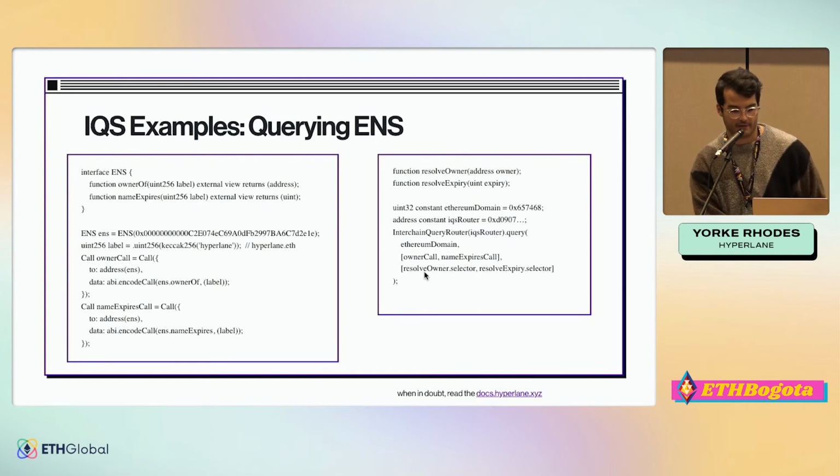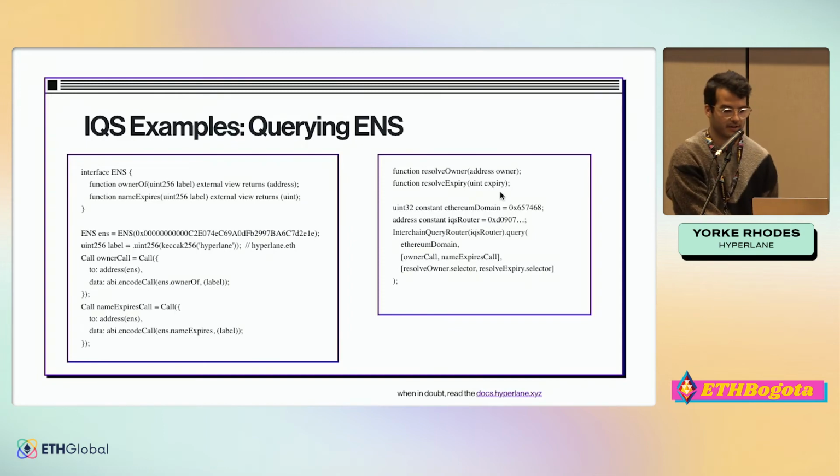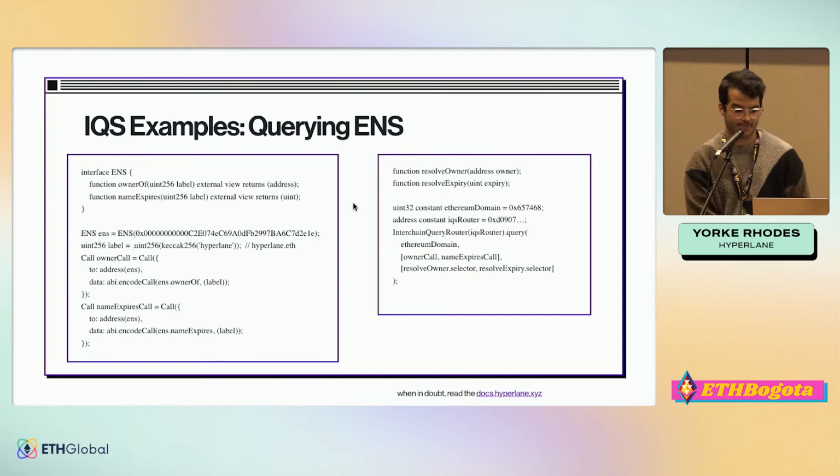You'll see that we have the resolve owner and resolve expiry selectors here. These two functions will be run with the return value of what was queried on Ethereum. I'm still thinking about what the right interface here is. This is a little awkward for a way to implement callbacks, but I just wanted to give a quick example.